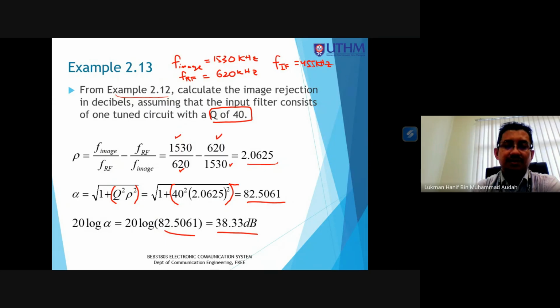So this is how we can calculate the image rejection ratio, IFRR. This is what we call the IFRR parameter. IFRR parameter is 20 log alpha.